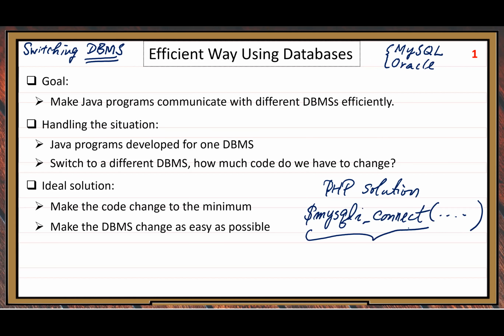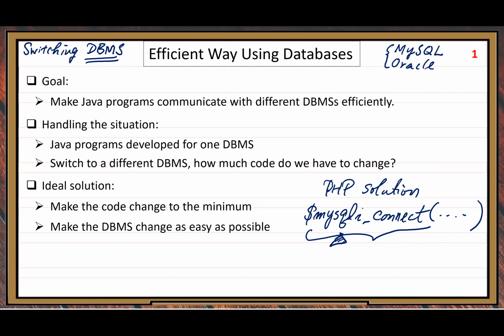You can see the function name contains MySQL, that word. That means this function can only be used for MySQL connection. You cannot use this function to connect to Oracle. How can you use this function to connect to Oracle?